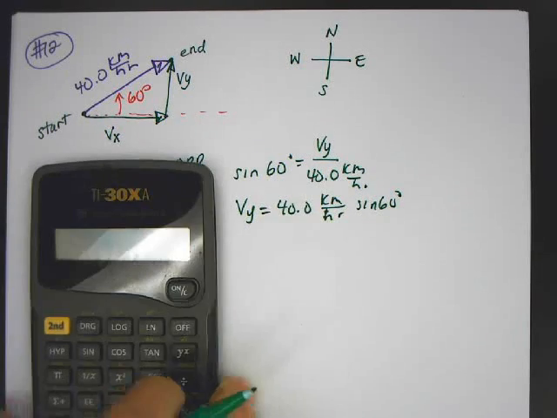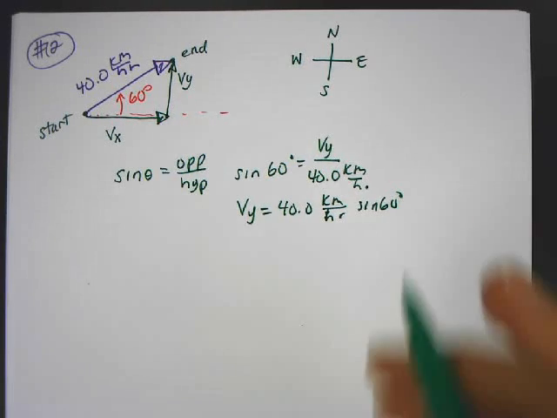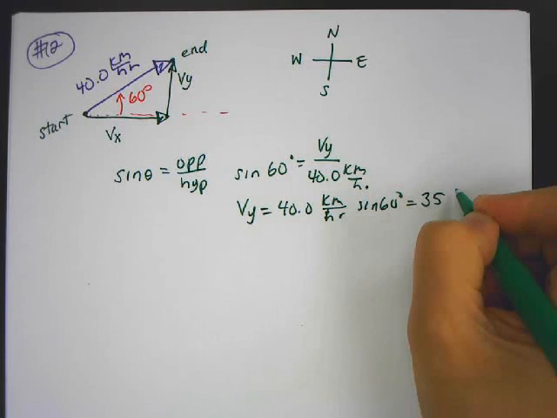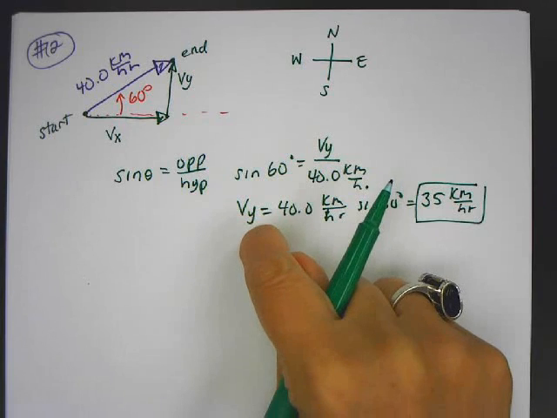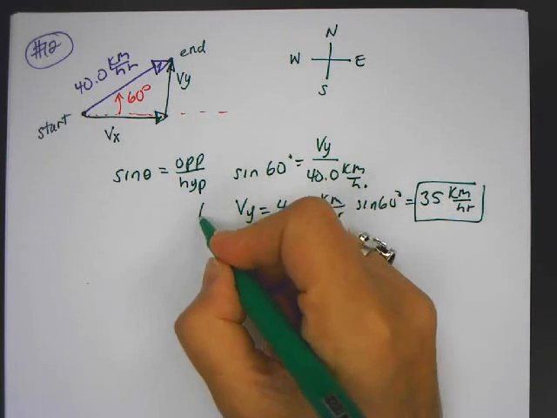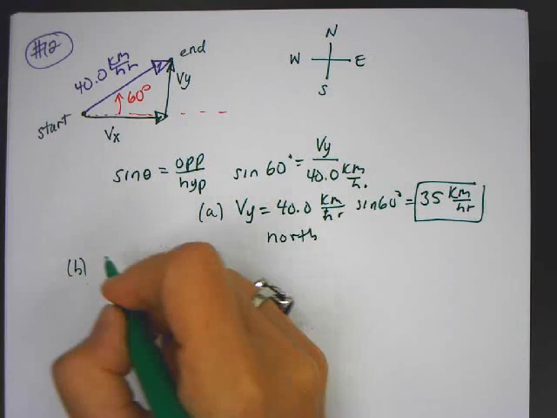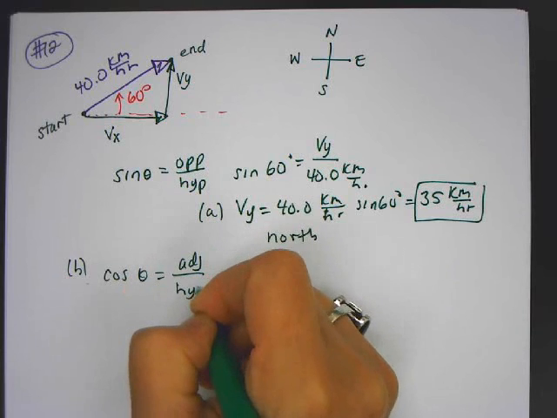Again, on my calculator, I press 60 sine times 40 equals, and it comes out to be 34.64, so this is 35 kilometers per hour. Now this v sub y, this is the north component. So that's part A.